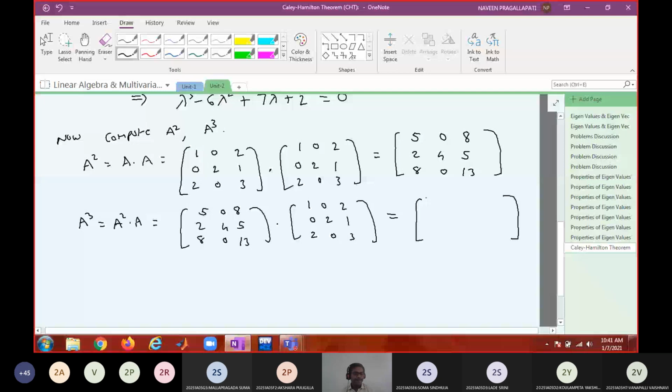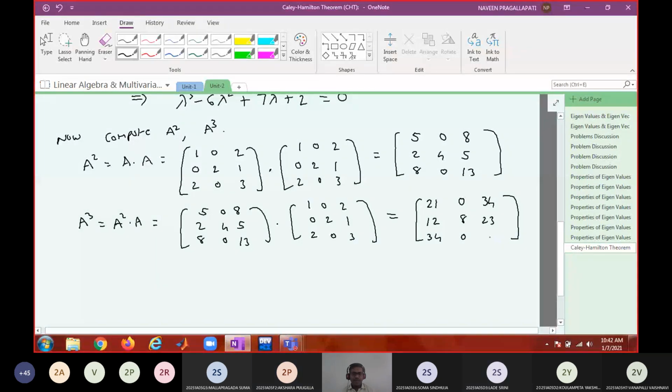So what is A cube? That's why, if you learn operations in the calculator, you can get the answer quickly. A cube is [21 0 34; 12 8 23; 34 0 55].